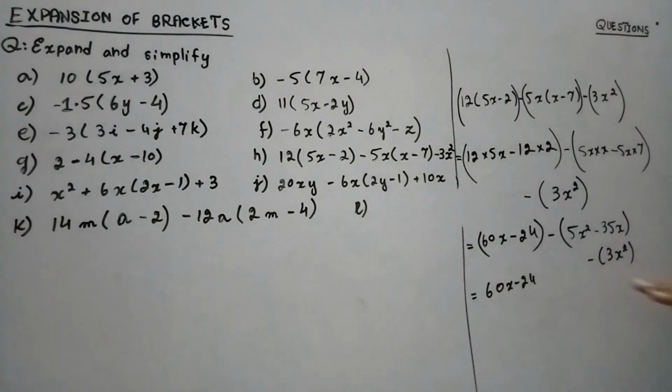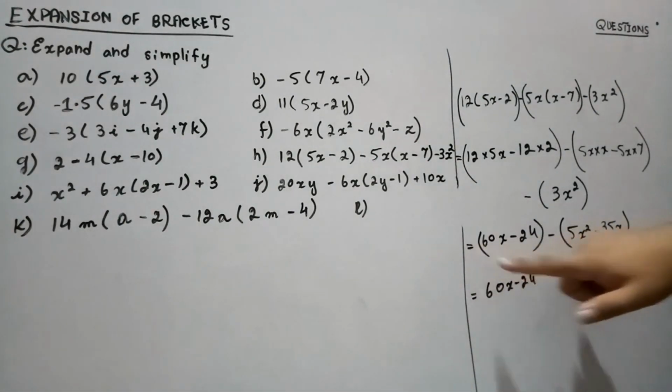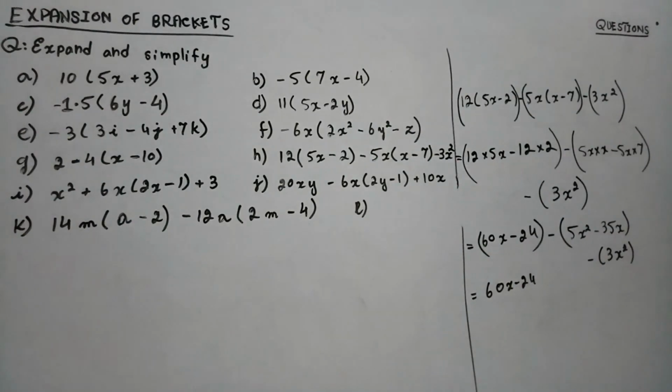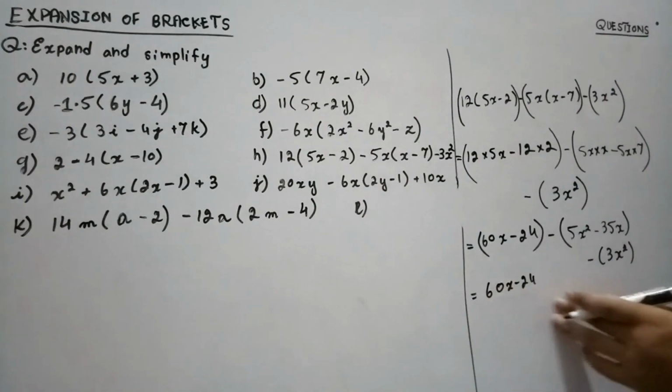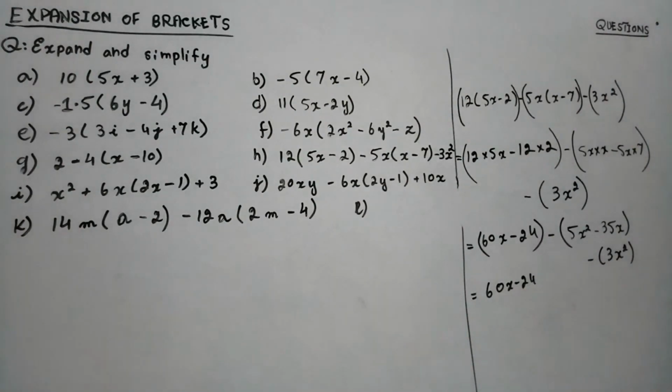If we just multiply the signs, we can remove our brackets. Because here we have a positive sign before the first bracket, a positive sign will create no change in the signs. So that's why I have just opened this bracket by writing the numbers as it is.